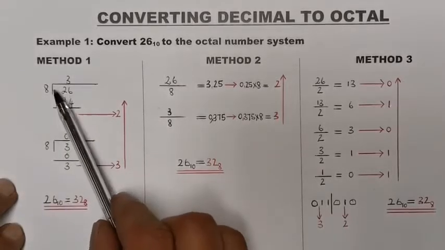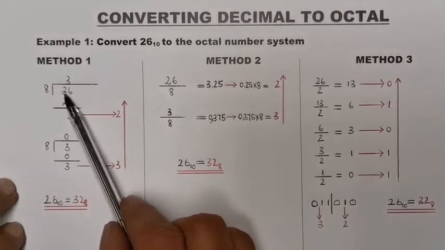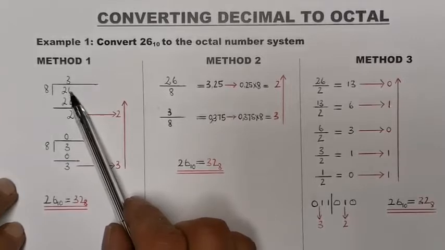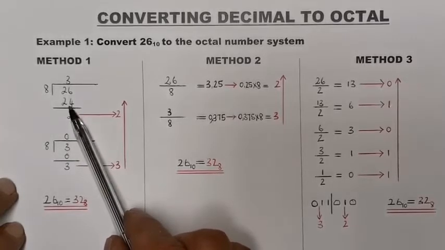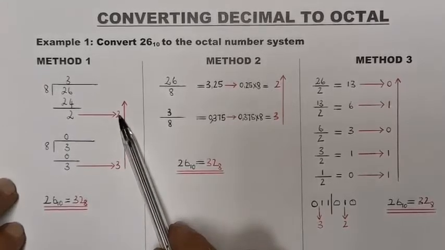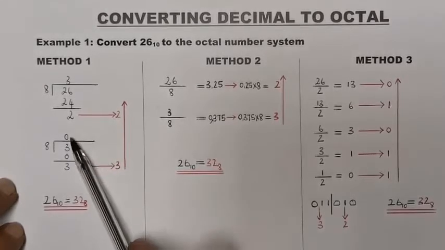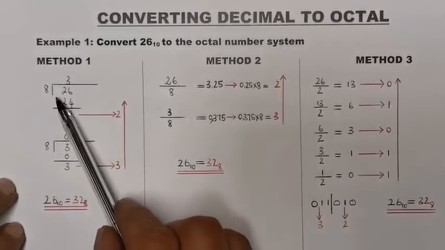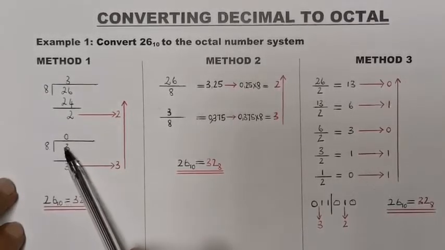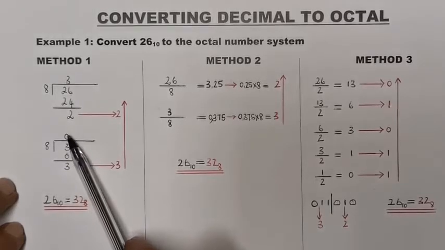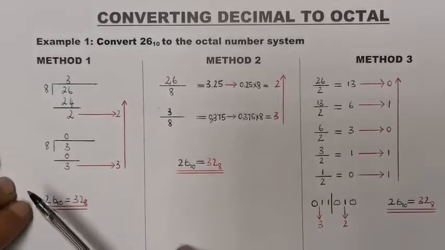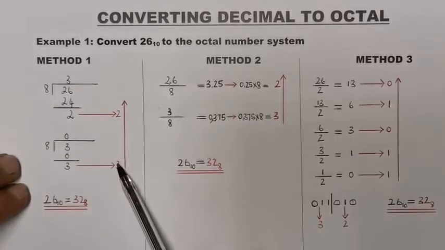So 8 goes into 26 three times, 3 times 8 is 24, which means 26 minus 24 gives me 2, and you write the 2 on the side. The next thing you do is take 8 and divide it into 3. 8 into 3 is 0 times, 0 times 8 gives me 0, and 3 minus 0 gives me 3, so I also write that on the side.